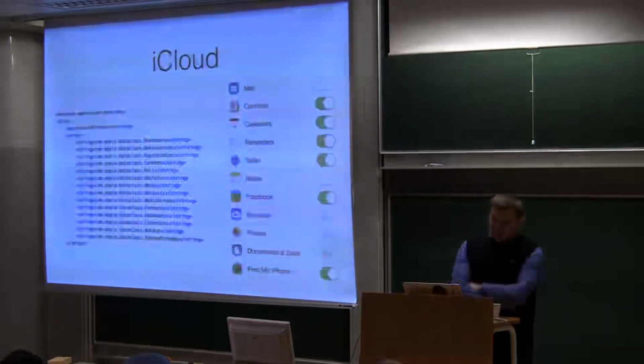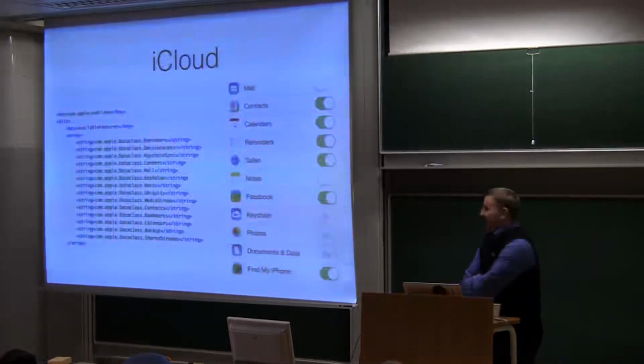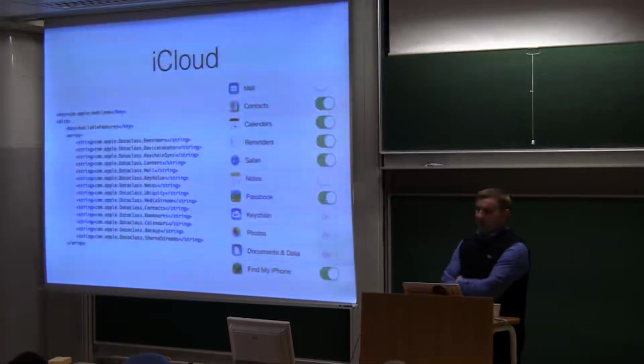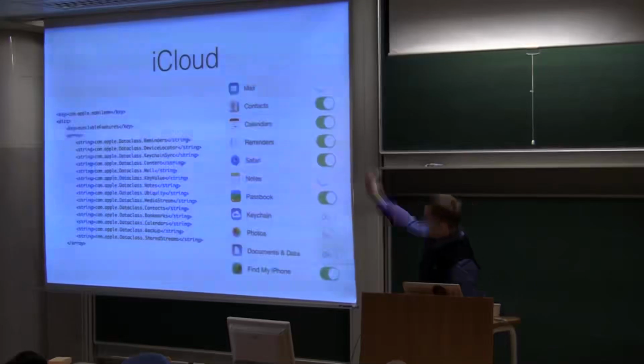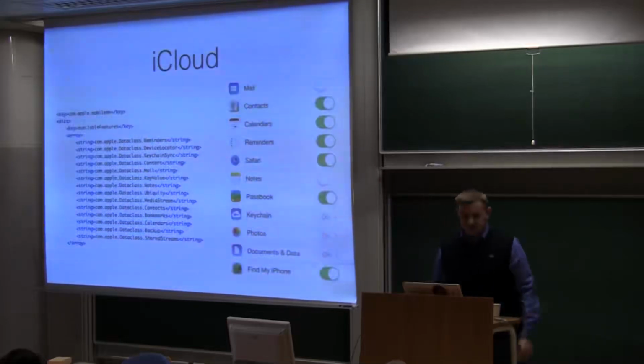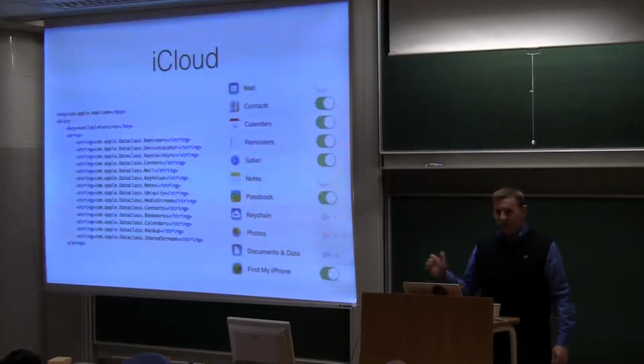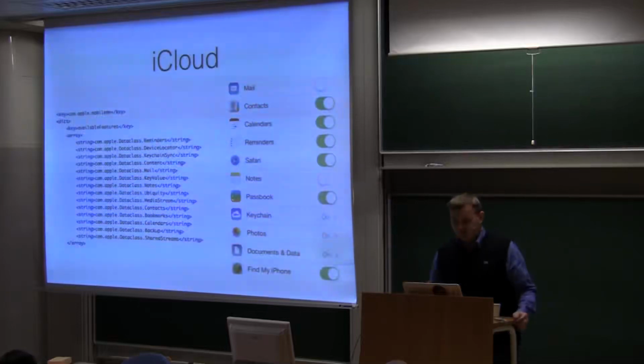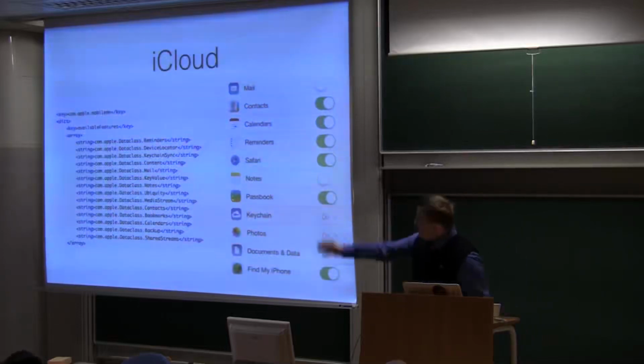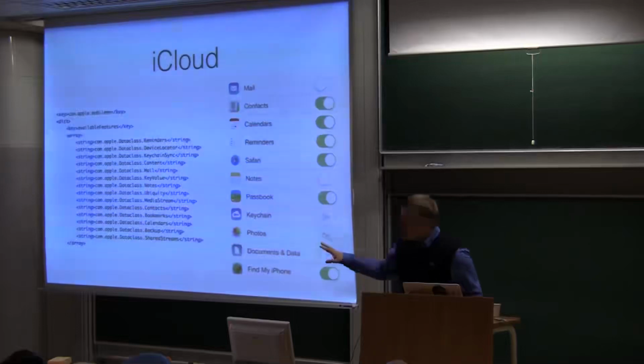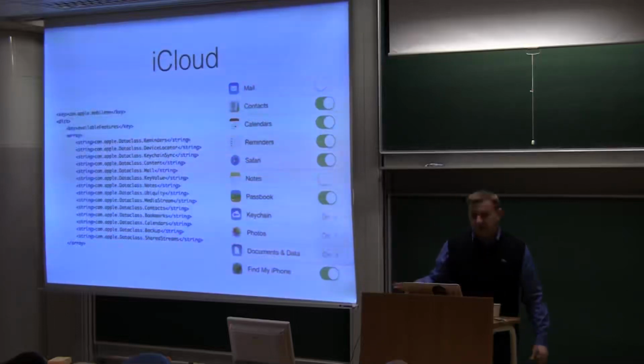So let's get back to iCloud. iCloud is not one service. It's a set of many services. As you can see, this is just the screen you can see on your iPhone where you can enable and disable different services. And on the left, you can see the associated part of the configuration file, which is unique for every account.